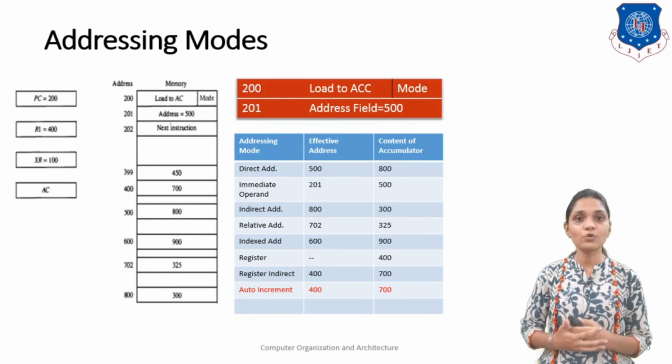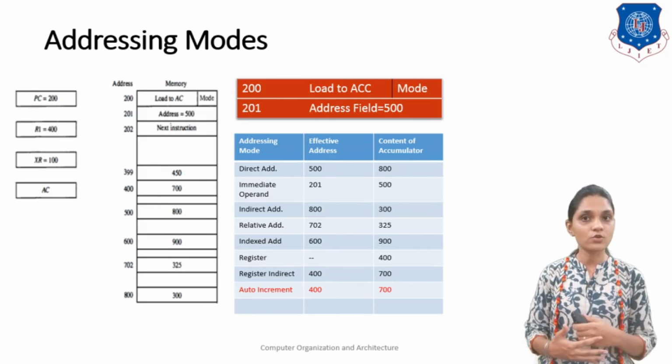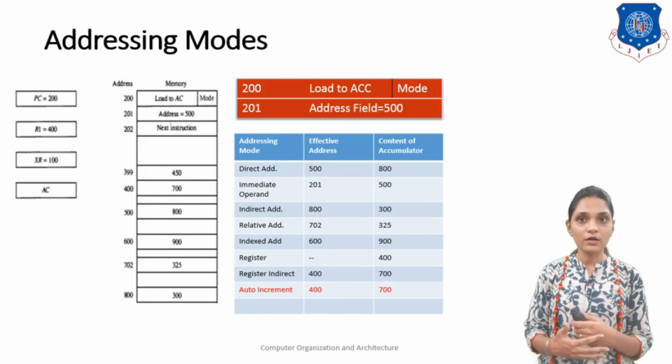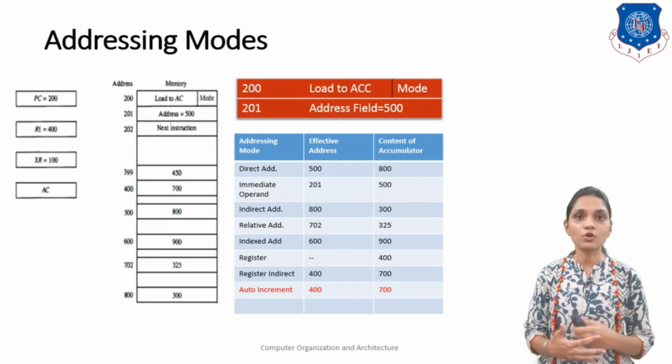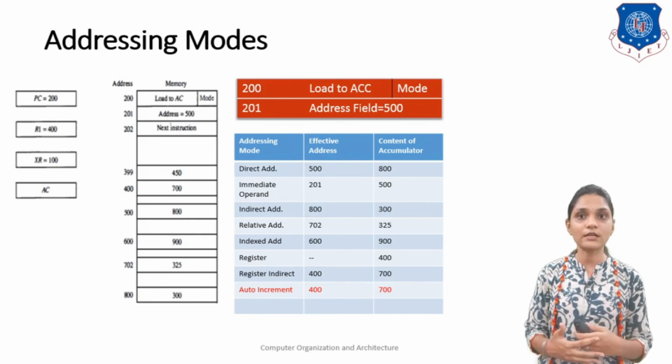Next addressing mode is an auto increment addressing mode. In this addressing mode, first your register R1 is going to be checked for the address, which is containing 400. That means your location will be 400. So that 400 location's content is going to be stored into the accumulator.